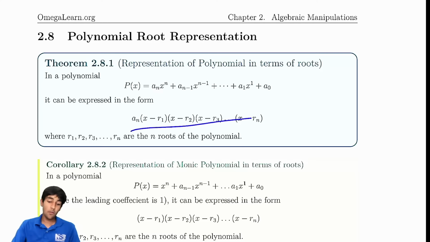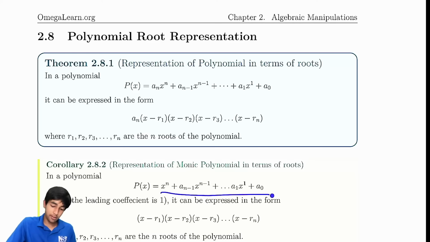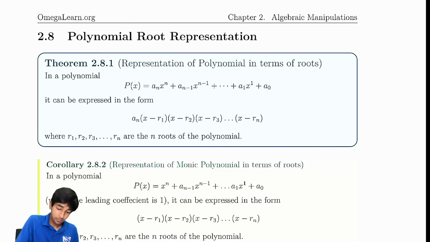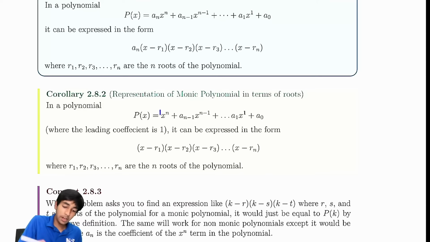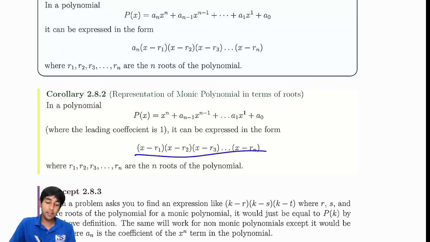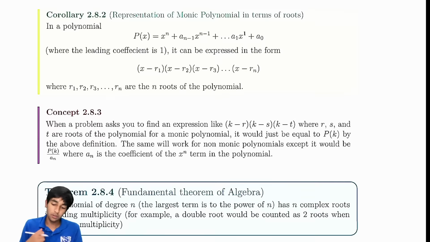Oftentimes you have to ask which representation is easier for you. This representation often results in many useful properties that you miss out on when you express it the other way. The key thing is when it's a monic polynomial, it's just the product of x minus each of the roots. Pretty cool.